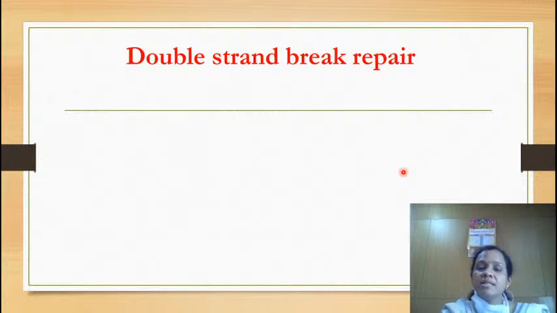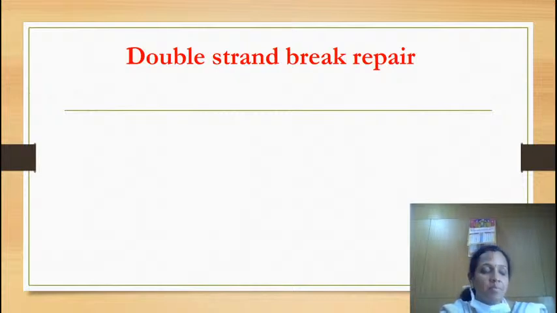So in the previous 3 repair mechanisms, one strand was intact and the other strand was not intact. But in case of double strand break repair, what will happen?